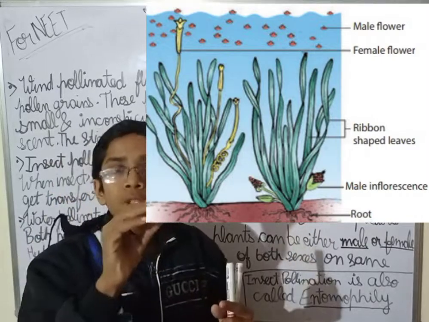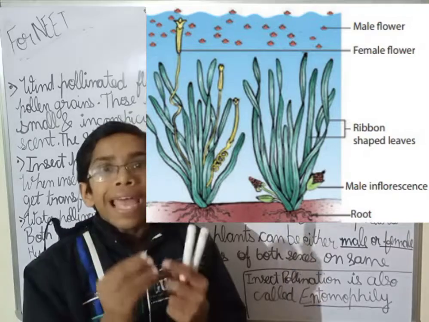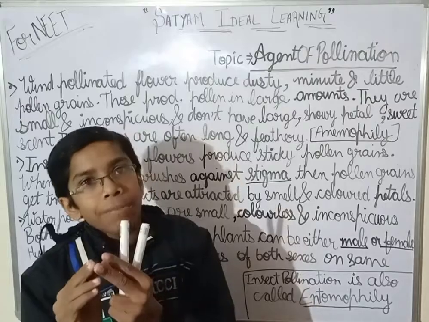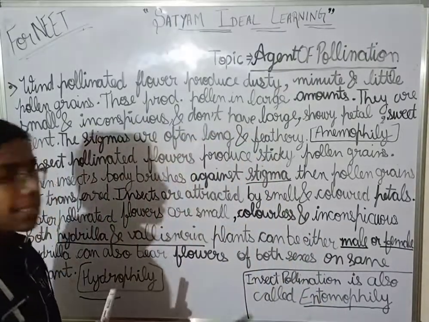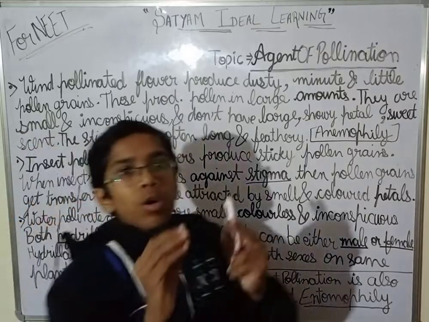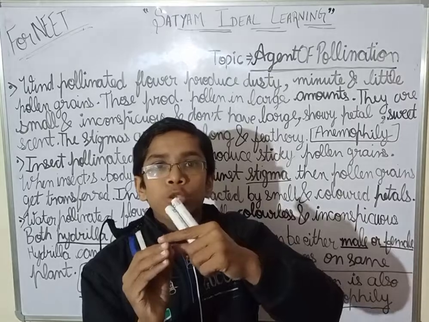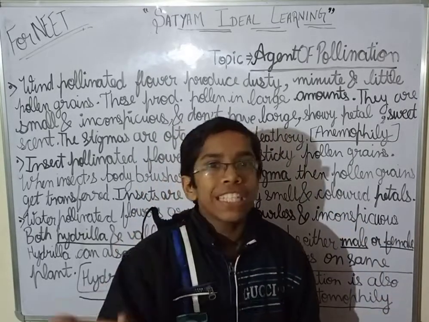So the pollen grains which are released by the anther get attached to the sticky stigma. And this is how the pollination has occurred.